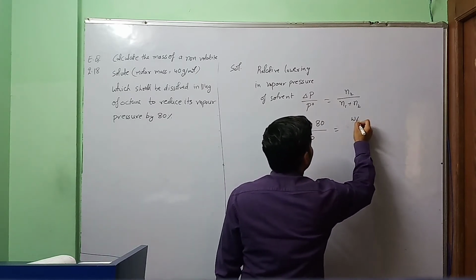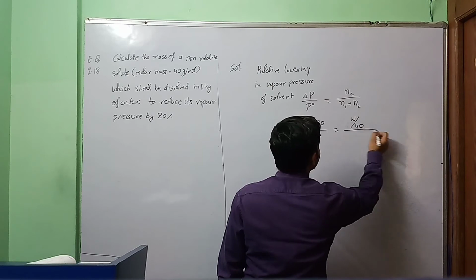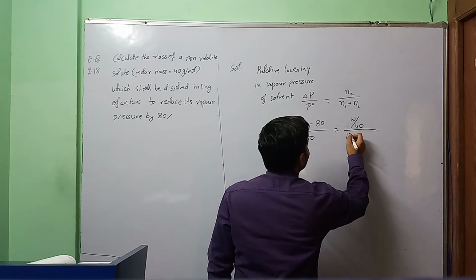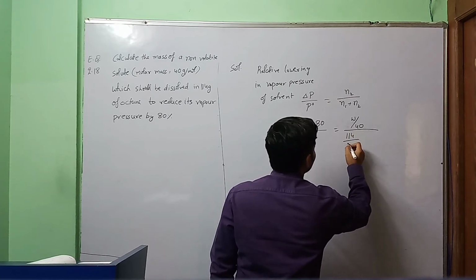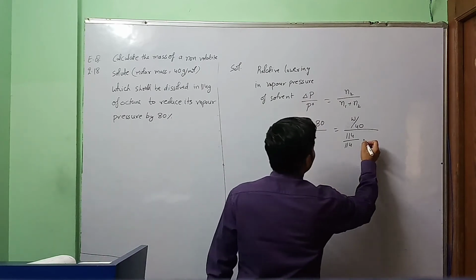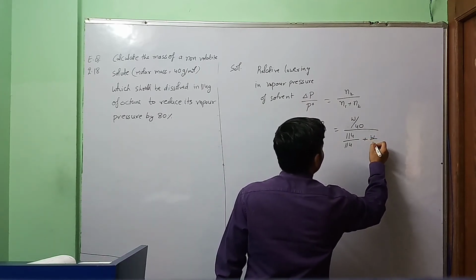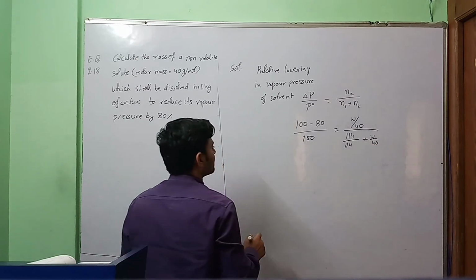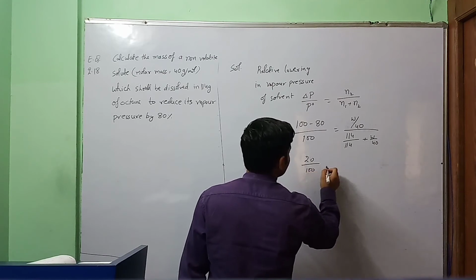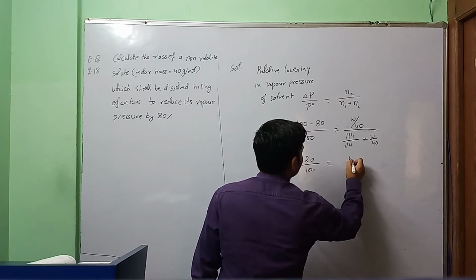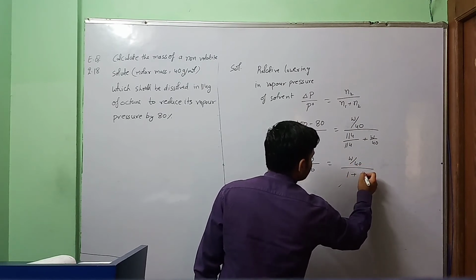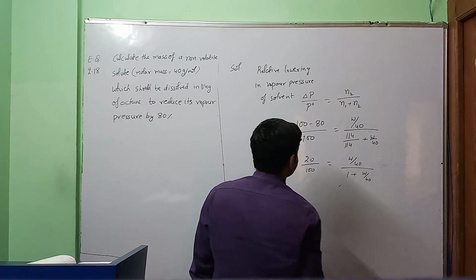So we have to find the mass of solute divided by molar mass, which is 40 given here. Then N1 is mass of solvent upon molar mass of solvent, which is also 114 in case of octane, plus W upon 40. Now this equation we will get as 20 upon 100 equal to W upon 40 upon 1 plus W upon 40.